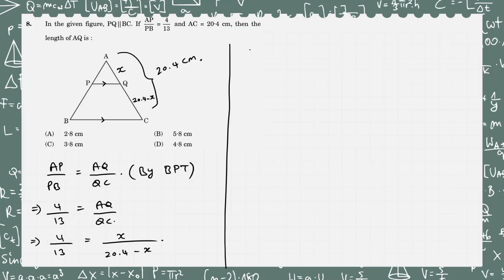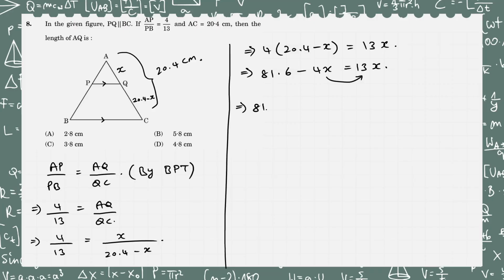So let's do that. That implies 4 into (20.4 minus X) equals 13 into X, 13X. So that implies 4 into 20.4 will be 81.6 minus 4 into X, which is 4X, equals 13X. Now we are taking this 4X to the other side.